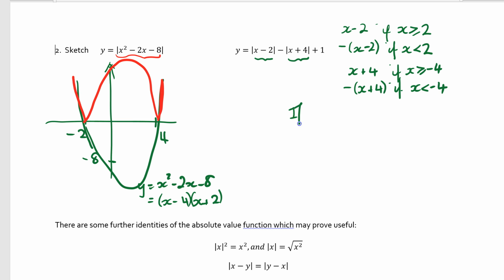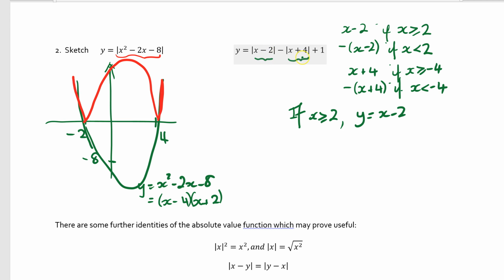So if x is greater than or equal to 2, we take x minus 2 as our value of this bracket.